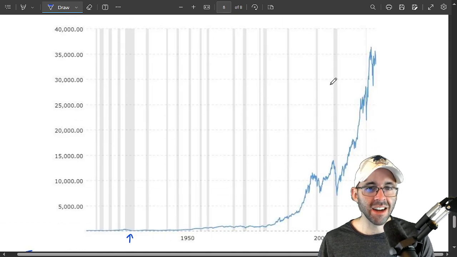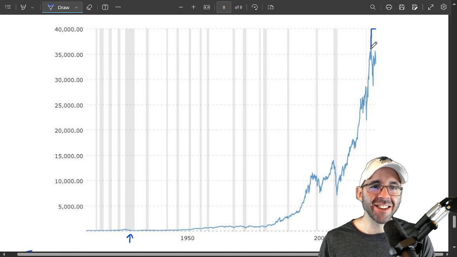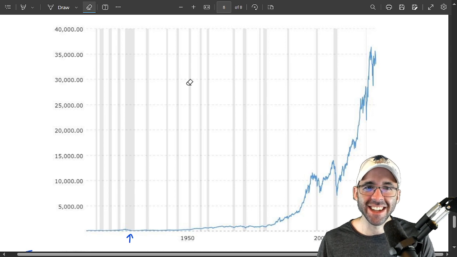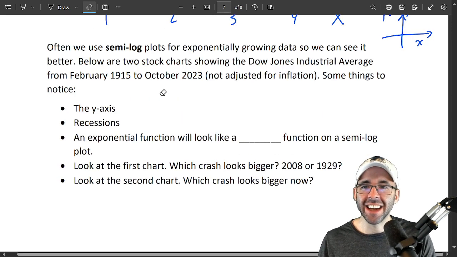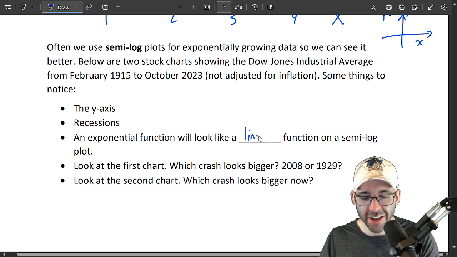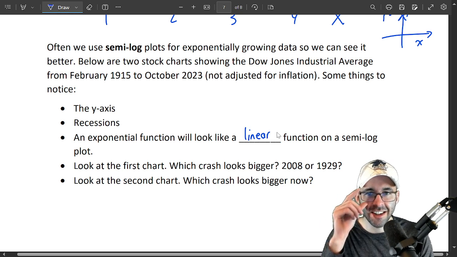Recessions are all the periods highlighted in. All right, I don't think this is completely accurate because there wasn't maybe an official recession around COVID, but maybe this should be shaded. I don't know. And an exponential function will look like a linear function if it's written on a semi-log plot.